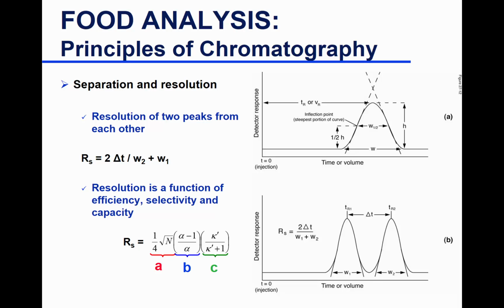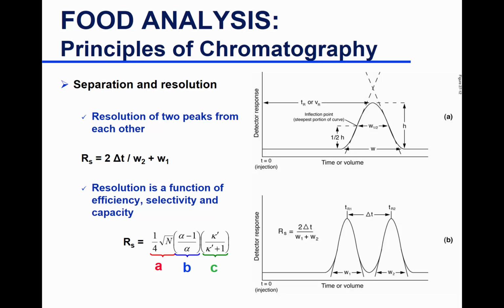Resolution is a function of three things. You have the efficiency of the column, which is component A, N is the number of theoretical plates, and we'll talk about that next time. B is capacity, and C is selectivity. Oh, the other way around.